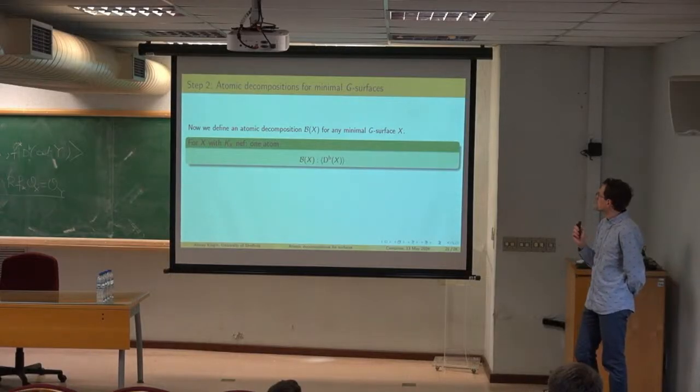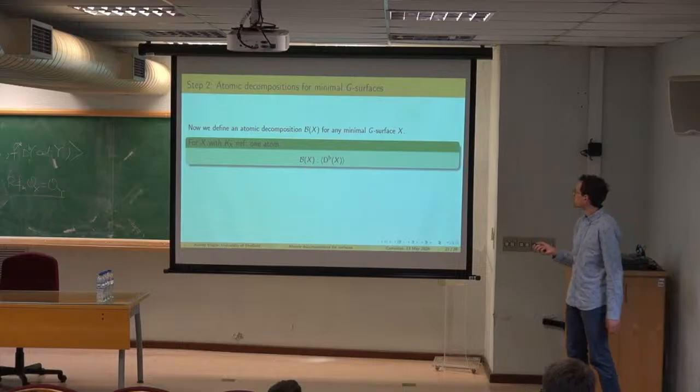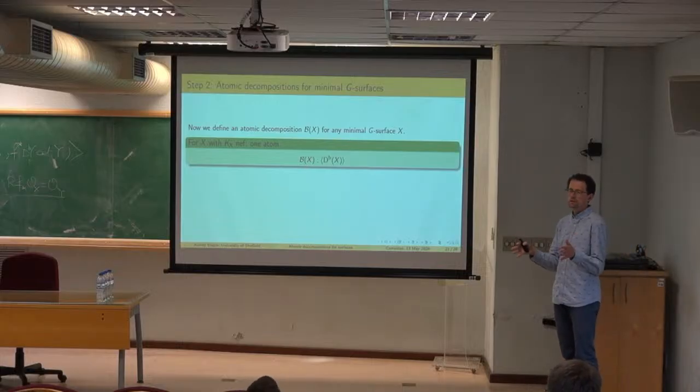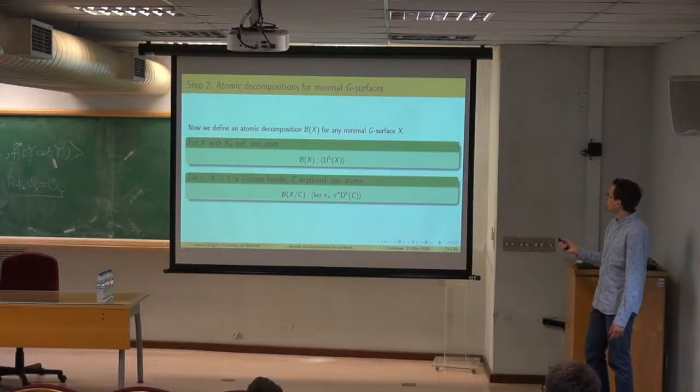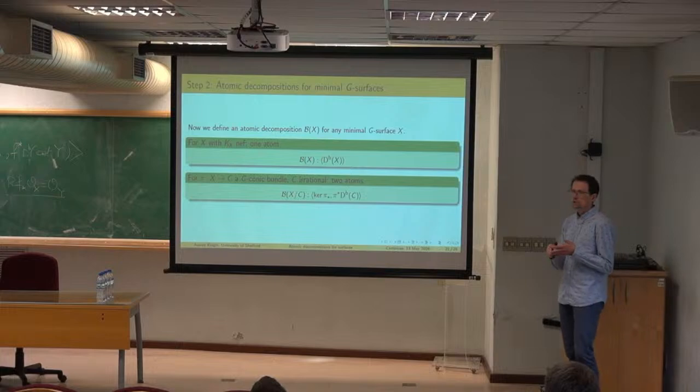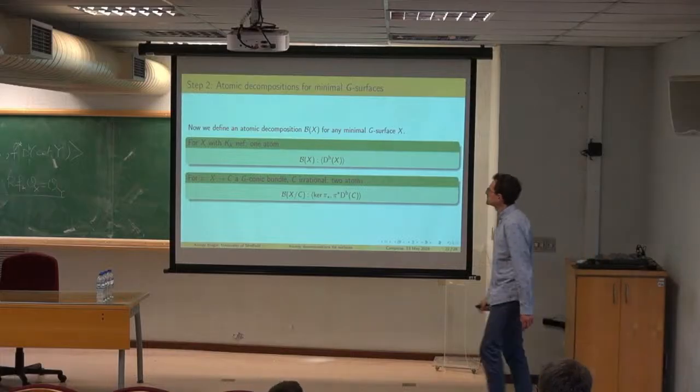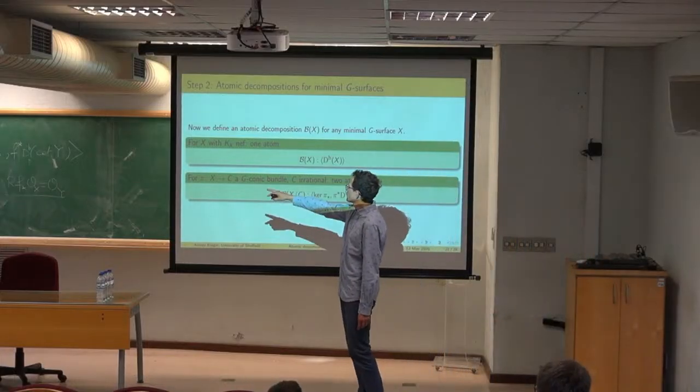For surfaces with K_X ample, we just take one big atom. The whole derived category becomes an atom. For a conic bundle over an irrational curve, we have two atoms. We can consider a morphism to the base as on the blackboard.